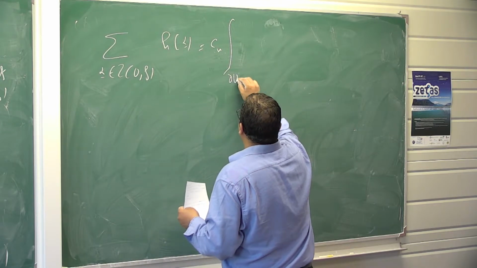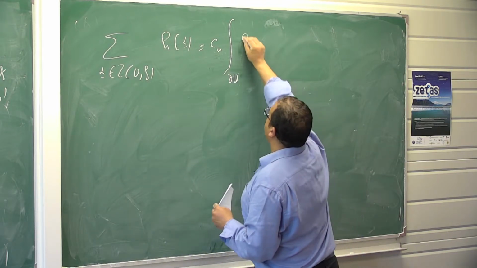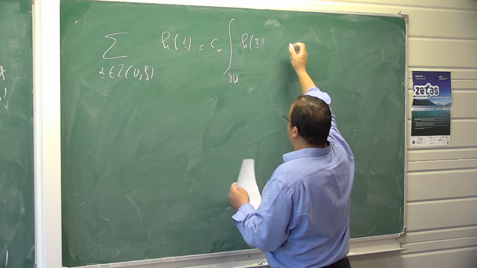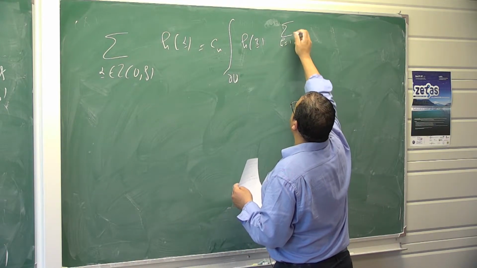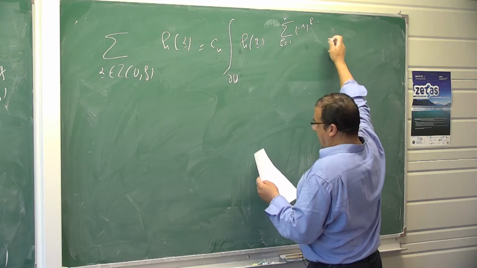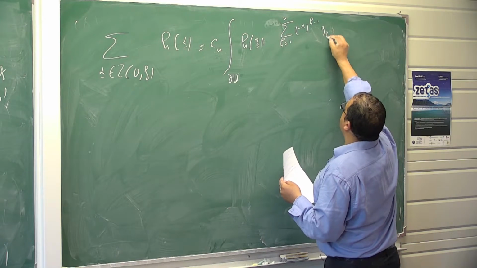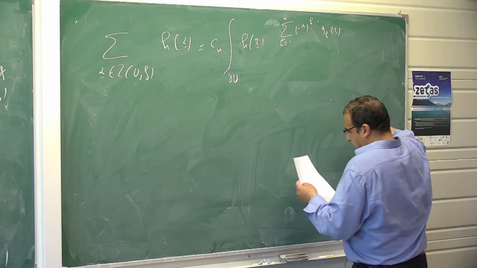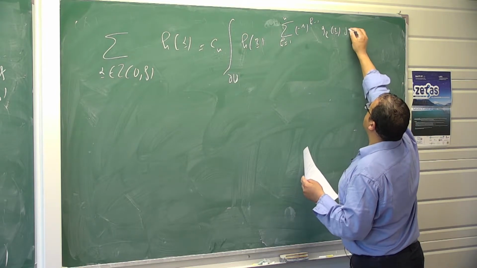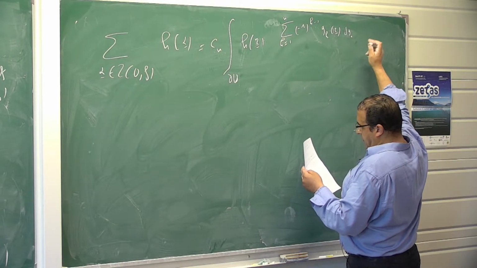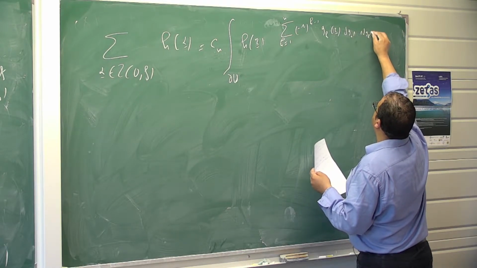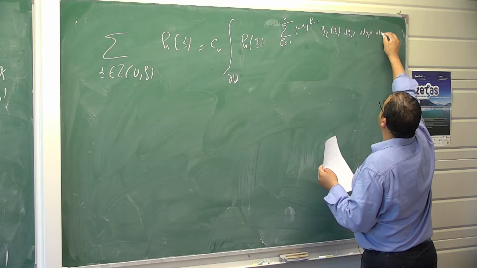The integral on the boundary of U of h(z), and here you have the differential form, the sum for k from 1 to n of (-1)^(k-1) g_k(z), and here you have dg1 until dgk until dgn.